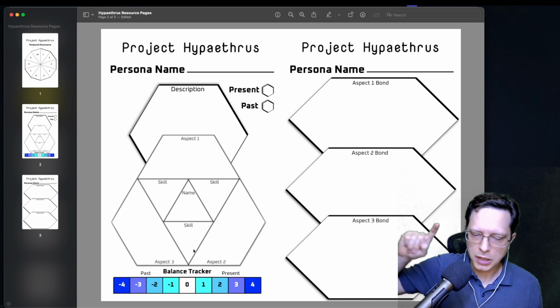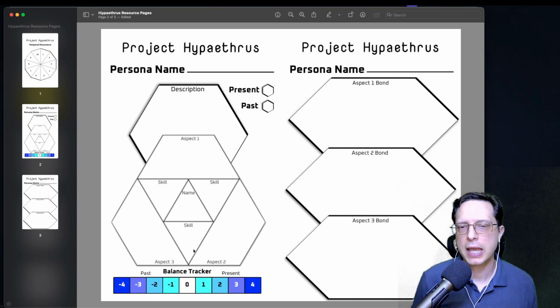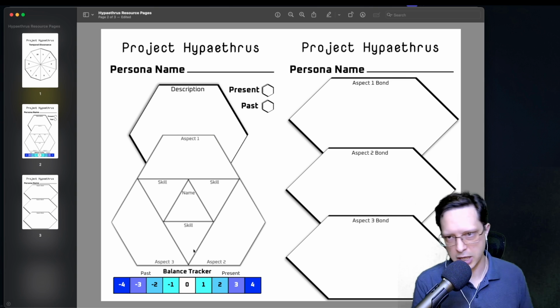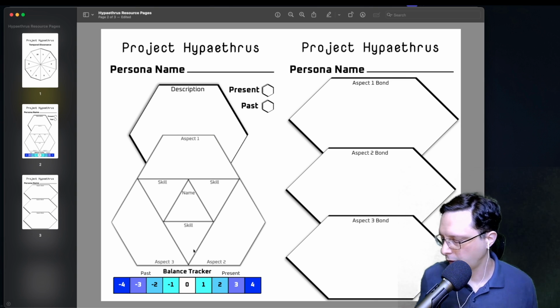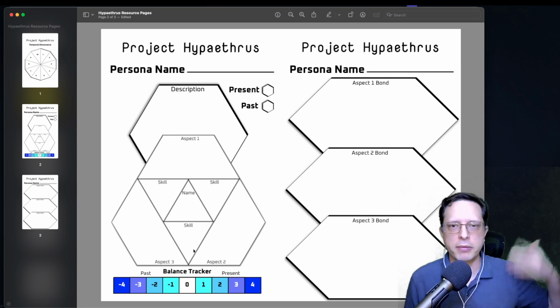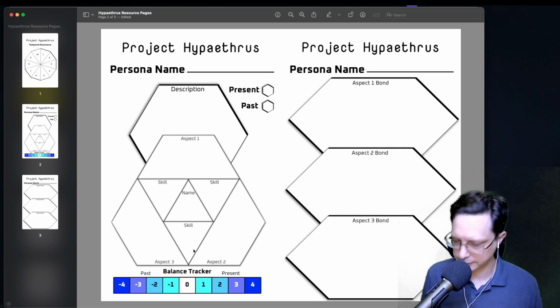So as bonds are lost, once all three of the original bonds have been rewritten, then, like I mentioned, the character has essentially been completely changed and is done. And you can't replace an aspect that has already been replaced once before. You can't do it a second time.